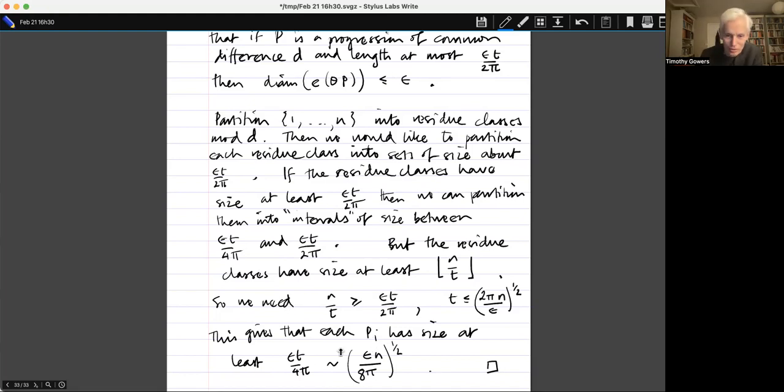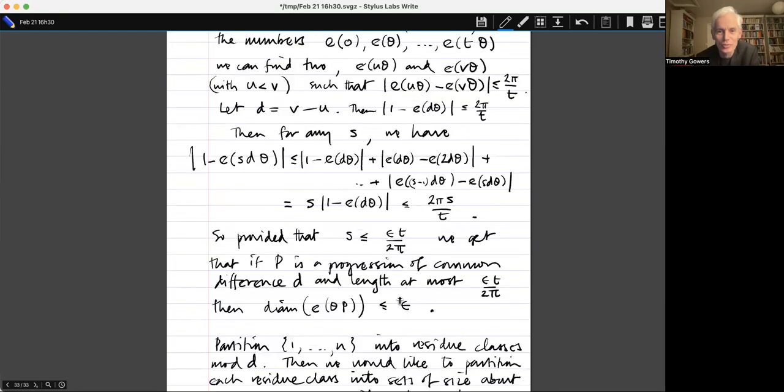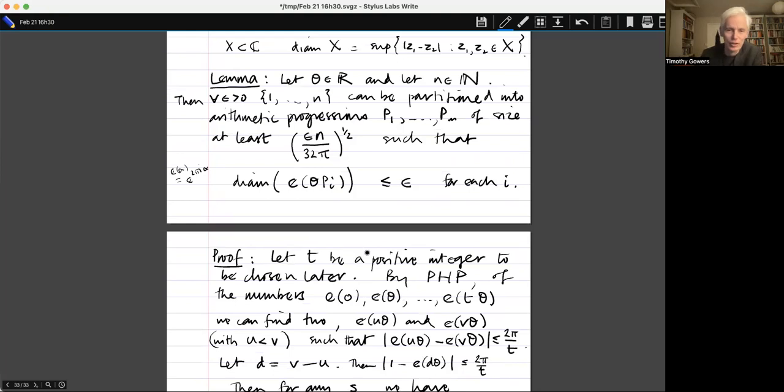So that symbol there is not to be taken at all seriously. It just means that sort of idea. And if you do the argument a bit more carefully, then I'm pretty confident that at least if n is not tiny, then you can get it with 32. And I think if you're more careful, you can do it a bit better than that as well.